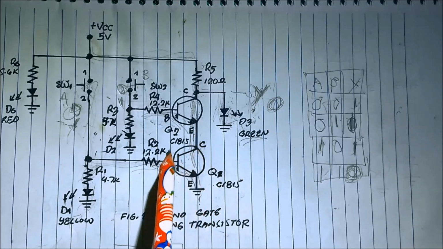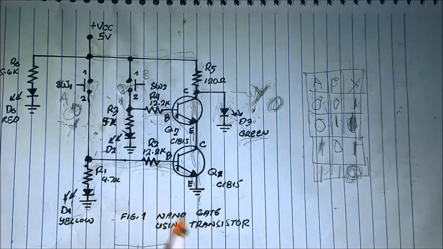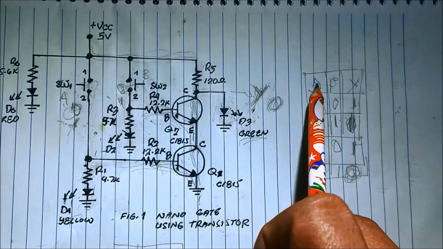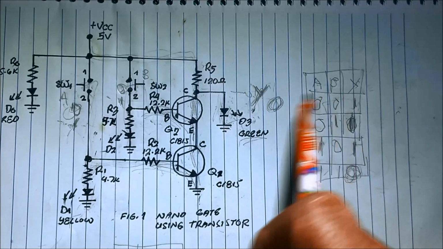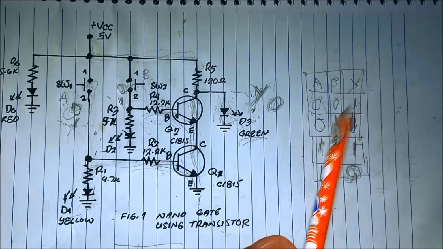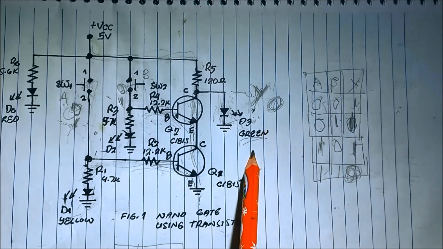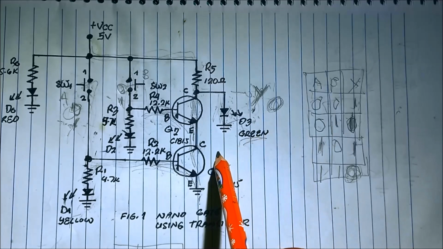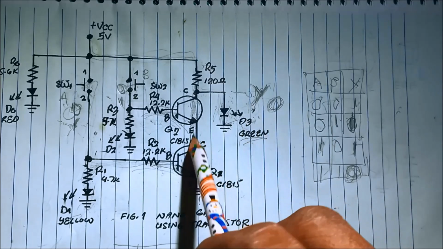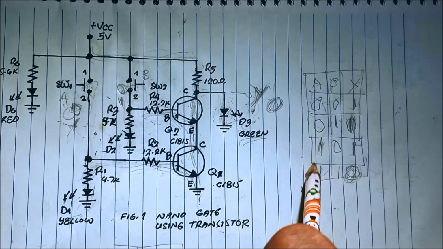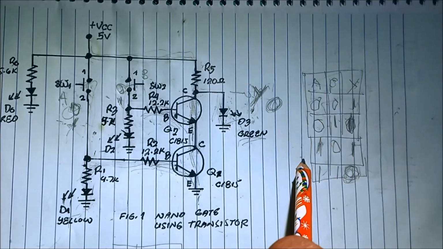So this switching circuit is called a NAND gate using transistor. And the truth table is this. We need to use a truth table to know the condition of the circuit. We usually use it in digital electronics.